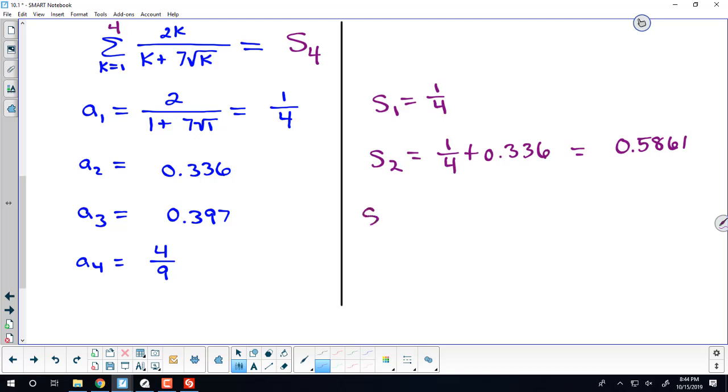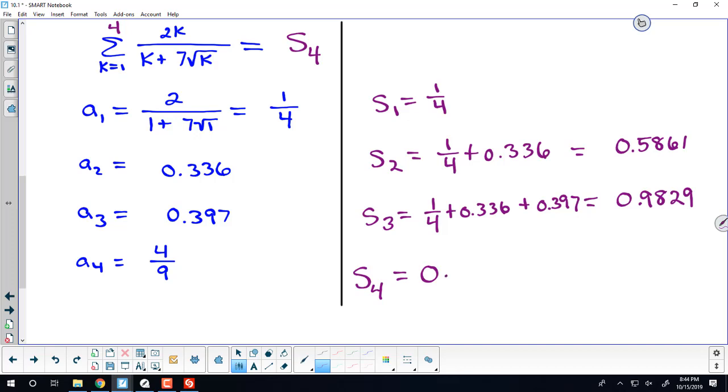Okay, S sub 3 is 1/4 plus 0.336 plus 0.397, which gives us 0.9829 as the third partial sum. And the fourth partial sum, we'll shorthand this again, 0.9829 plus our 4/9, which gives us 1.4273.